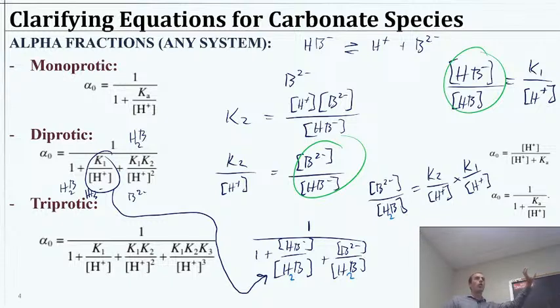Just follow that we can use the equilibrium reactions to substitute appropriately and get these alpha fractions as a function of K1, K2, and even K3 if we're doing triprotic, and H+. And you can see it's sequential like this. So we could maybe imagine a 4-proton acid, and we could keep going with it, right? Okay. We're all right on that?